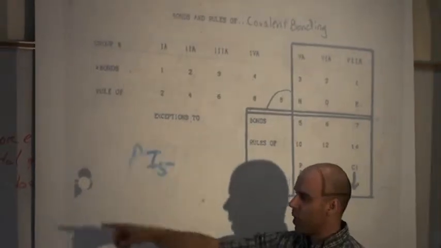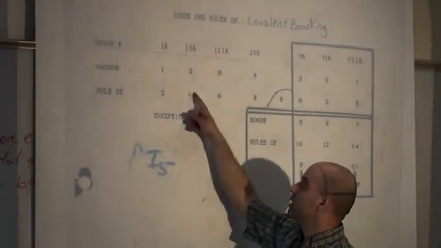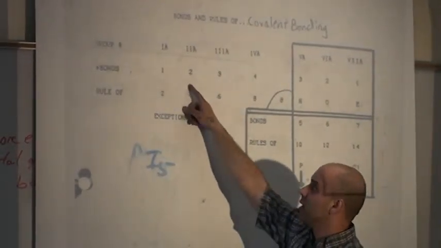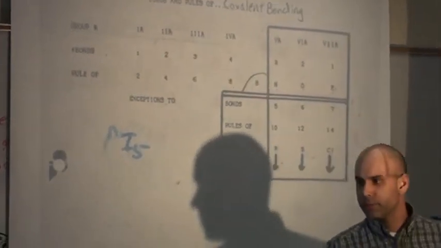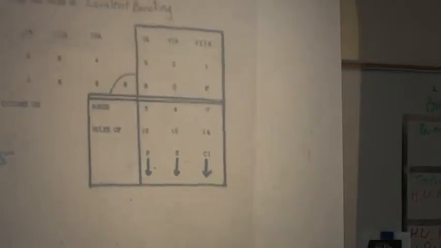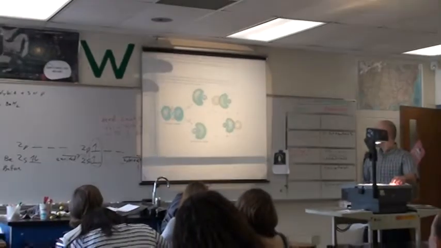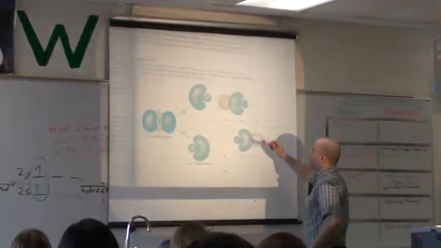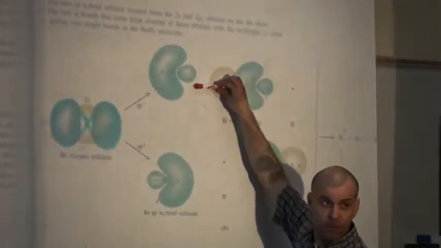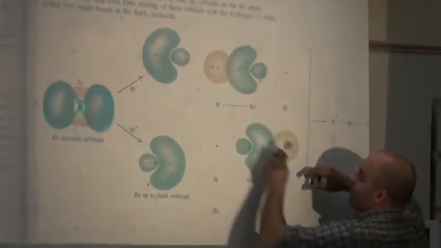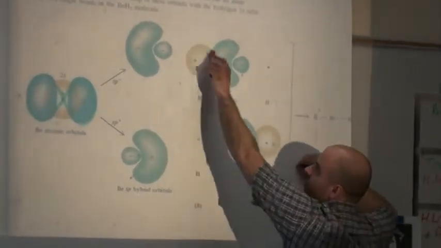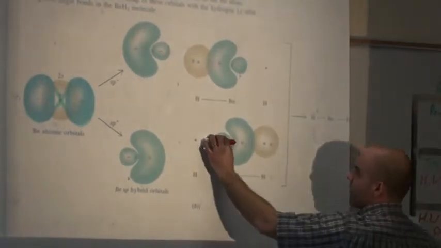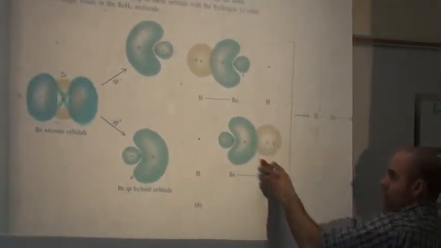So that's the reason why it wants 4. A total of 4 is because of its hybridization. So we get one sp facing that way, and it's going to overlap with my hydrogen. And I have one sp facing that way, and it's going to overlap with my hydrogen.